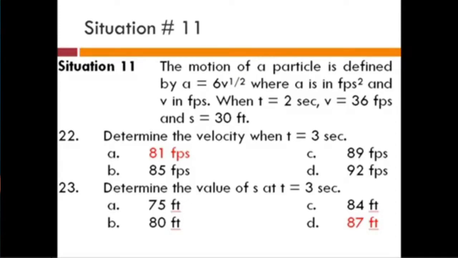Kaya alam natin a equals 6v raised to 1/2. Sabi, when time is equal to 2 seconds, velocity is 36 feet per second, and displacement equals positive 30 feet.